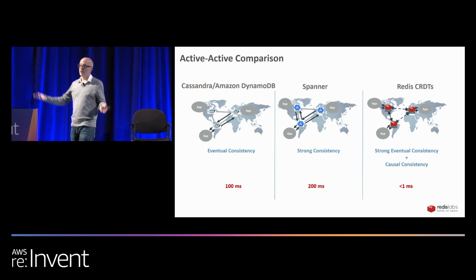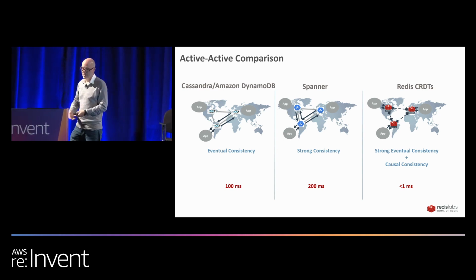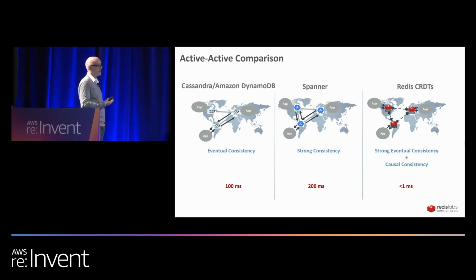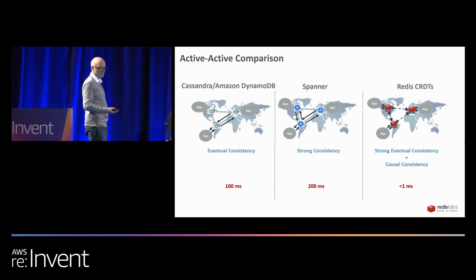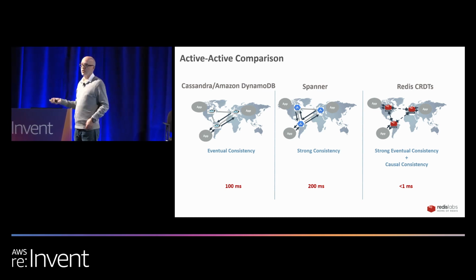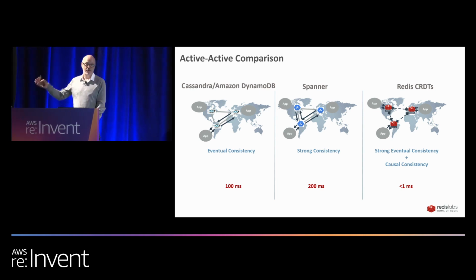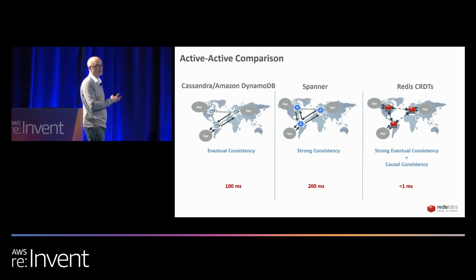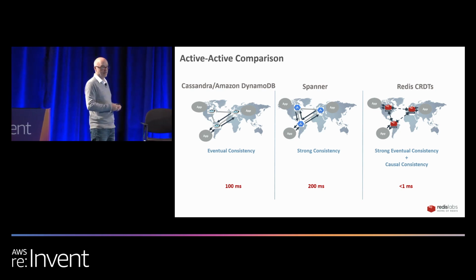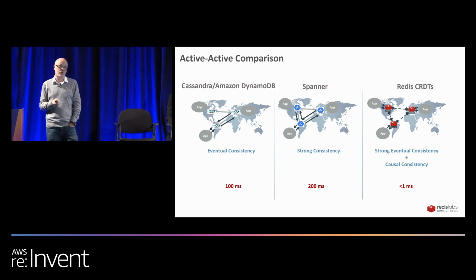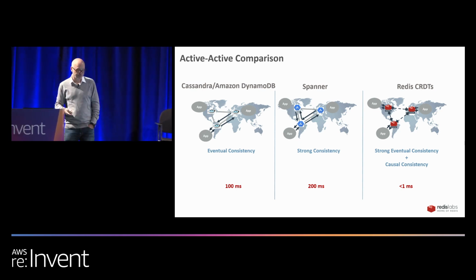And so you're going to get a much longer latency, kind of 200 milliseconds, say. Where we think our CRDT solution really makes the difference is that you can do that write operation in less than a millisecond. And now you've got a strong consistency of that data for all those other data centers as those conflicts then get resolved down the road. And so this makes this solution really, really different and very interesting for particular use cases.